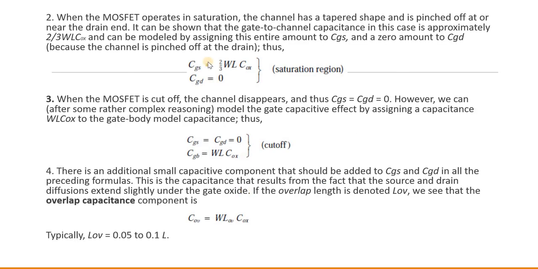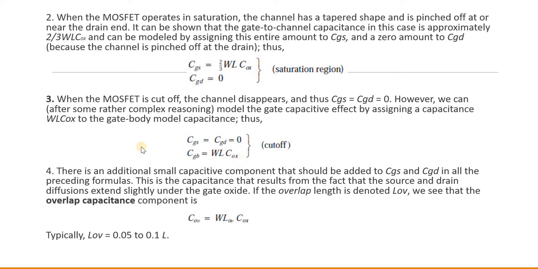In saturation, CGD is 0 because the channel is pinched off at the drain, and CGS will be 2/3 of WLCOX. Whenever the MOSFET is in cutoff, the channel disappears, so the CGS and CGD values will be 0, and the gate body capacitance CGB equals WLCOX.